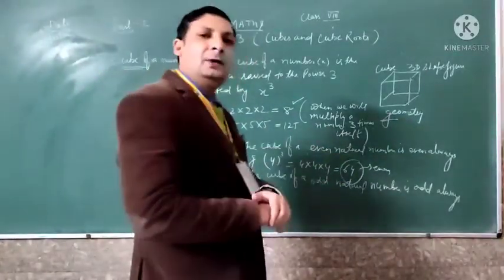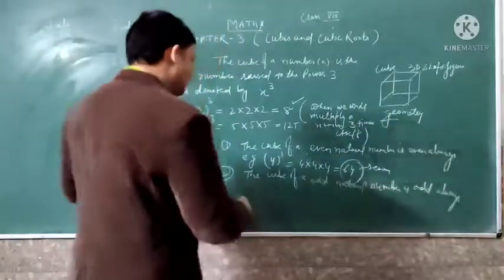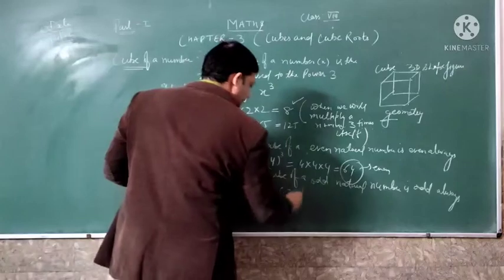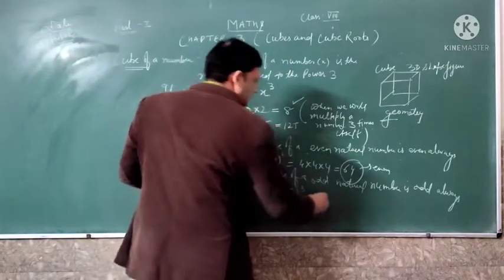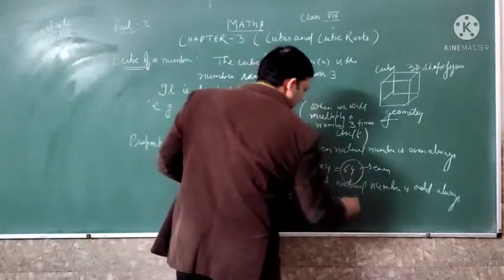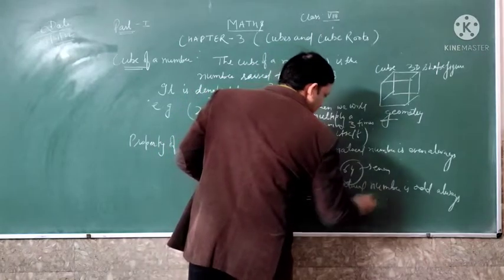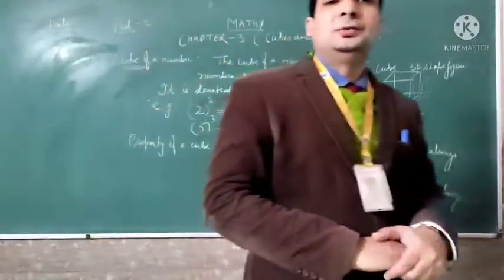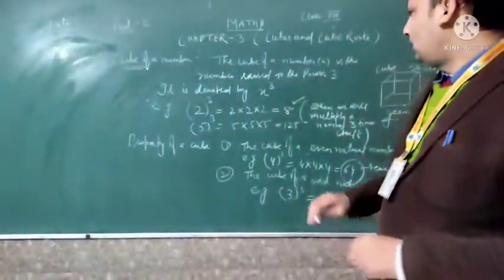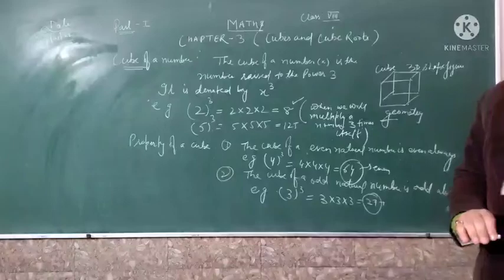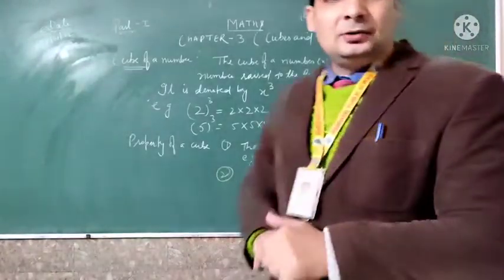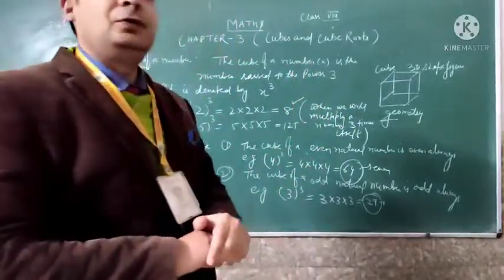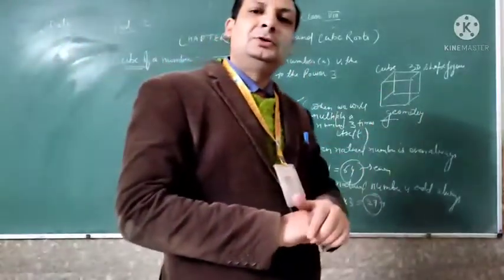So 5 is an odd number and 125 is odd. Example, we will take the cube of 3. 3 multiplied 3 times: 3 threes are 9, 9 threes are 27. See, 27, the last digit is 7, that is an odd natural number. So the property of a cube is that whenever we find the cube of an even number, the answer will always be an even number, and whenever we find the cube of an odd natural number, the answer will always be an odd natural number.